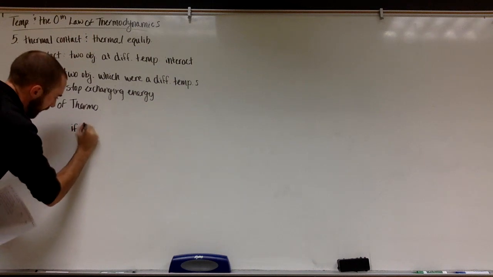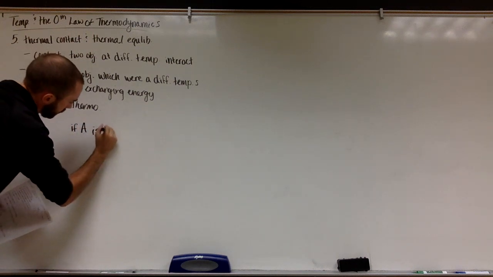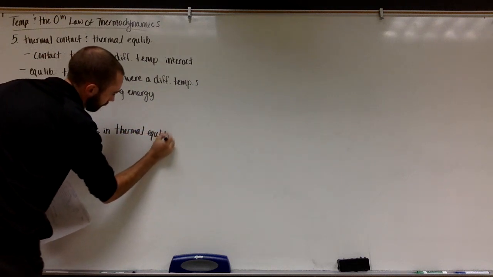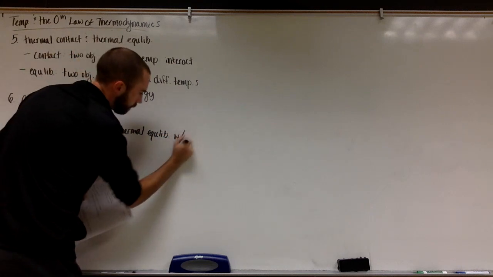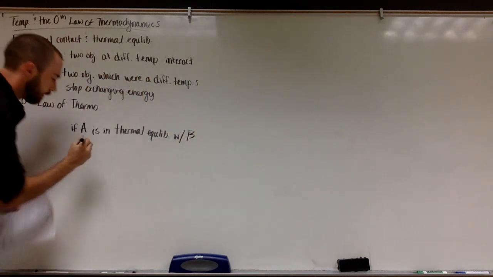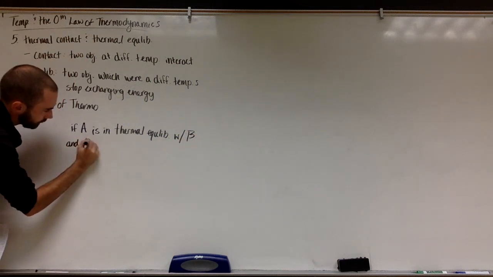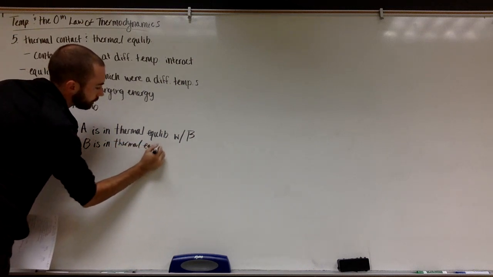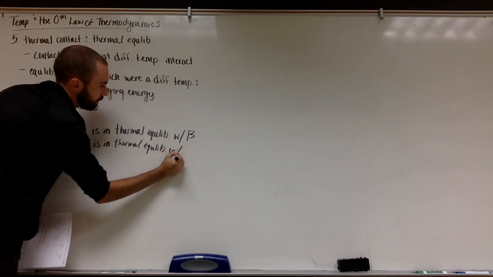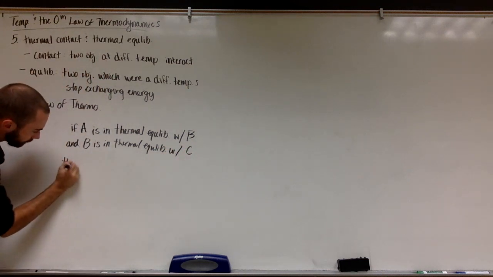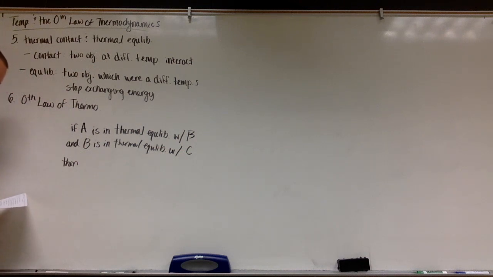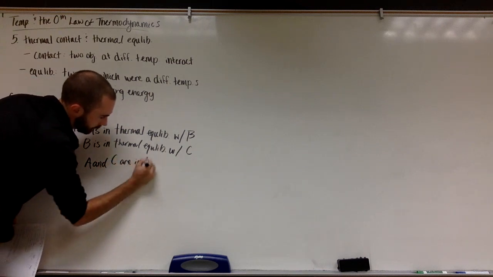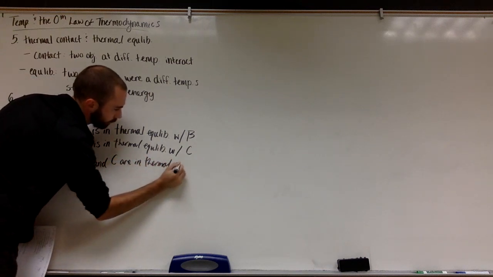All right, if A is in thermal equilibrium with B, and B is in thermal equilibrium with C, then, it's like I'm writing code here, then A and C are in thermal equilibrium.